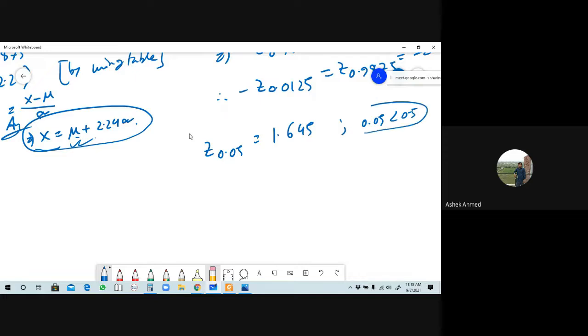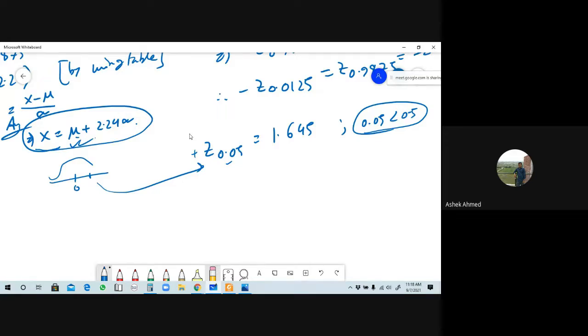Okay, so this alpha satisfies the condition of alpha less than 0.5. Okay, so the coefficient of z suffix alpha is positive here, that's why we can say that this lies on the graph on the right part of 0. So the value will be positioned on the right side.